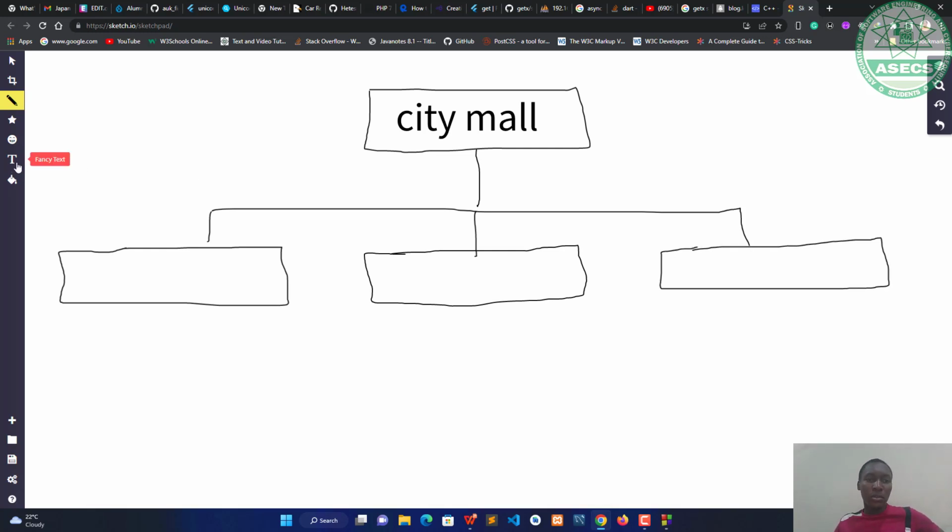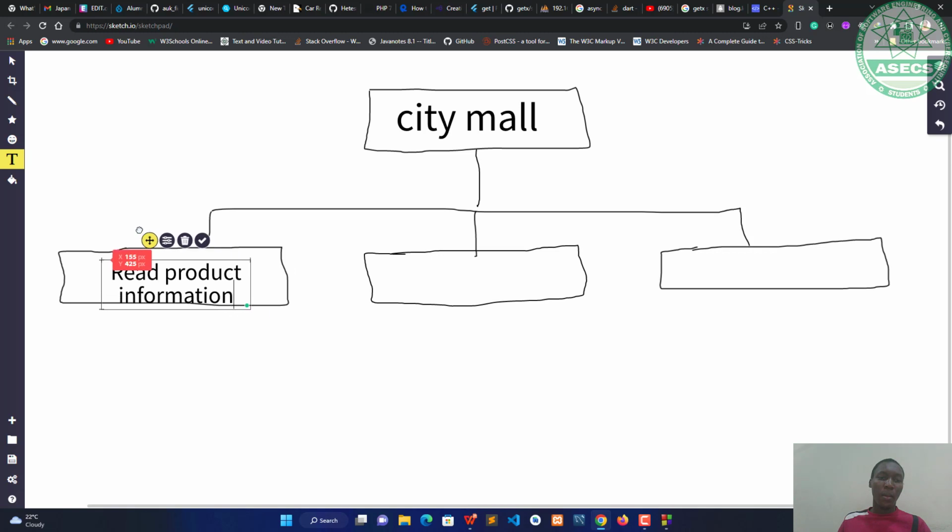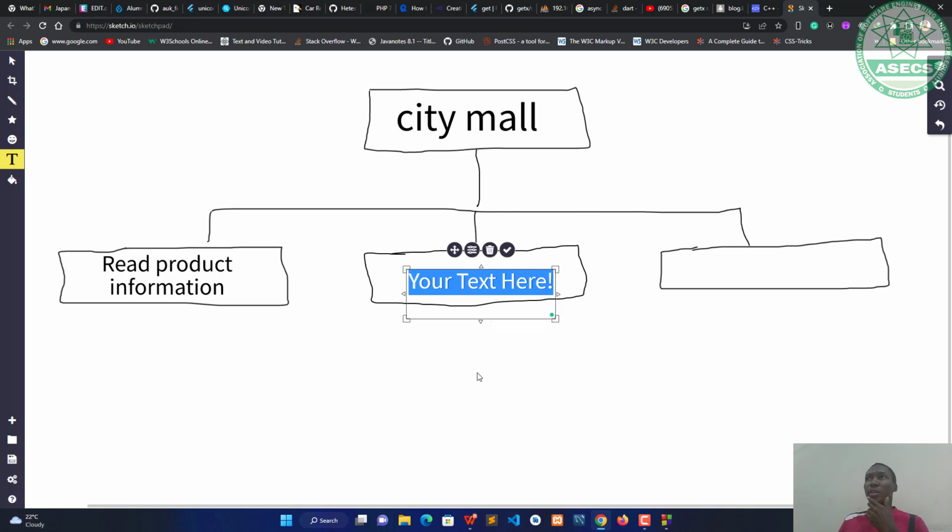So what's going to happen is over here we will read product information. That's what we are going to be doing over here. We read the product information, and over here, what do we want? Let me just go back to the question.